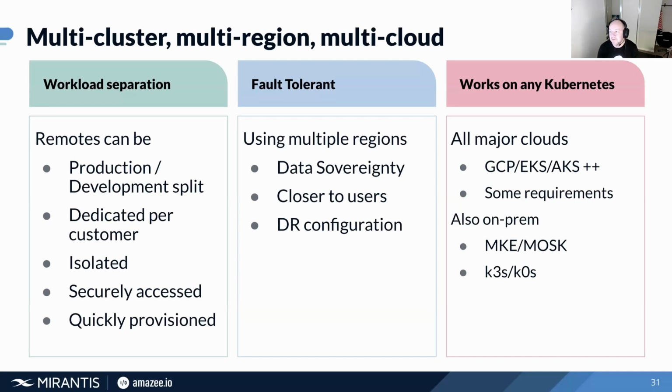Using multiple regions can be important from a data sovereignty point of view, from a latency point of view. Speaking firsthand, based in Australia, trying to do anything that requires command line access to tooling that runs in Europe can be slow. But if my project can be deployed to a cluster that's geographically close to me, my development experience is just better.